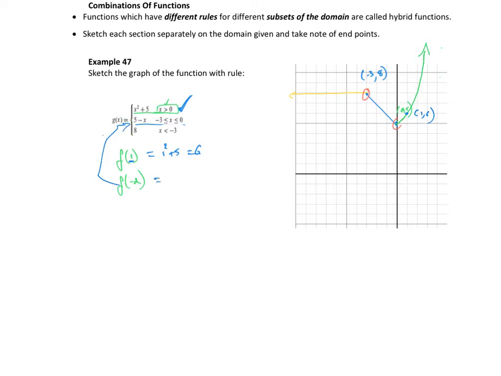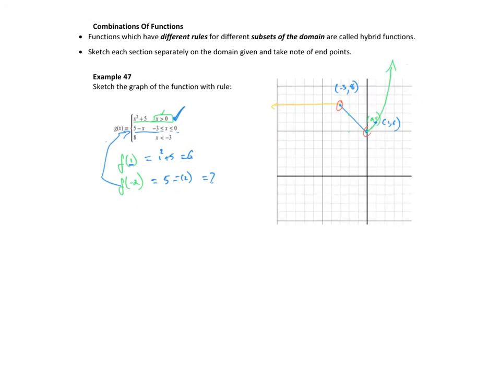So f of -2 is equal to 5 minus -2, which is equal to 7. So if we go to -2, which is about here, it should be at about the point -2, 7, which it is. So it's not like you get 3 different values. There's my function by definition, and for each x value there is only one unique y value, for a function. So that's our hybrid graph.